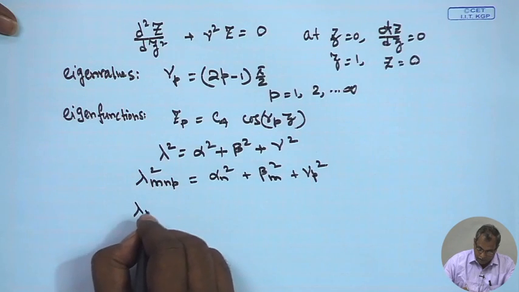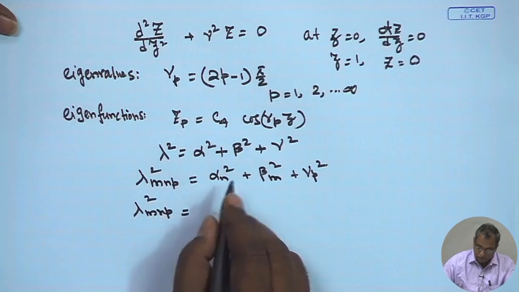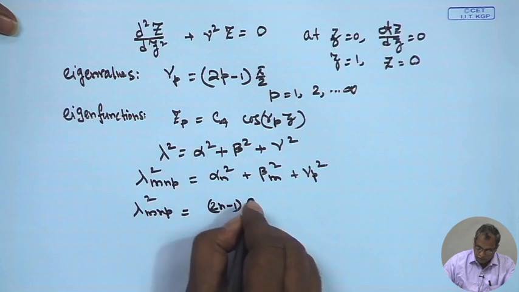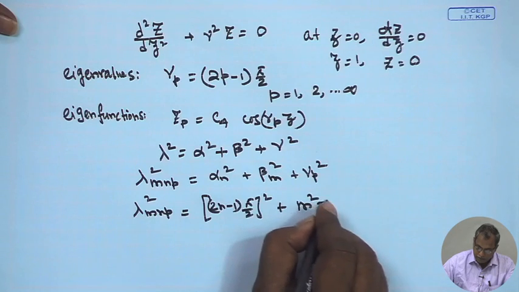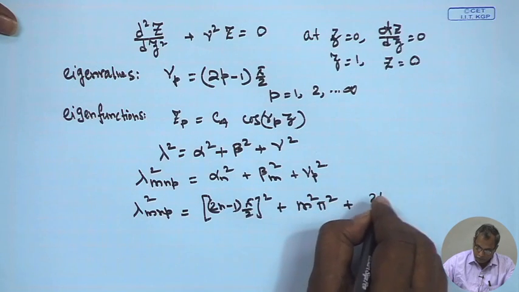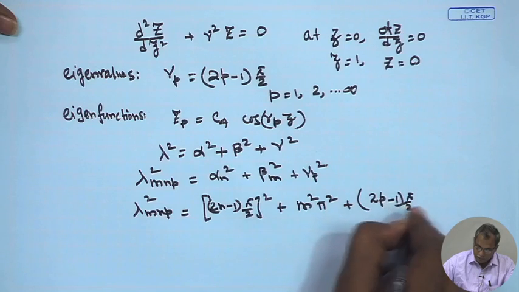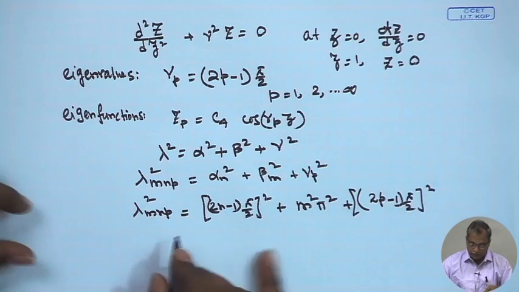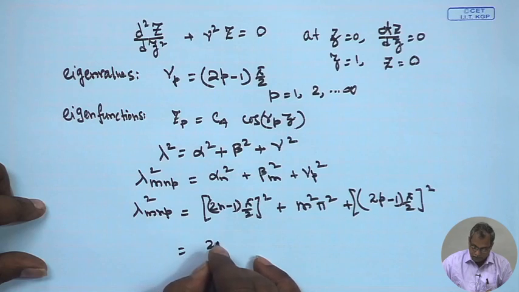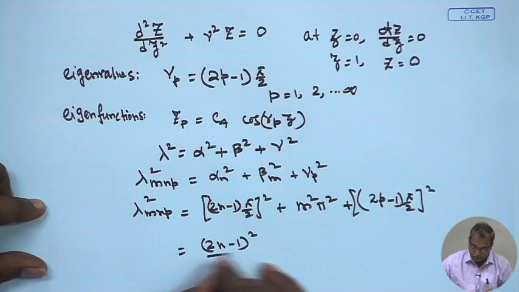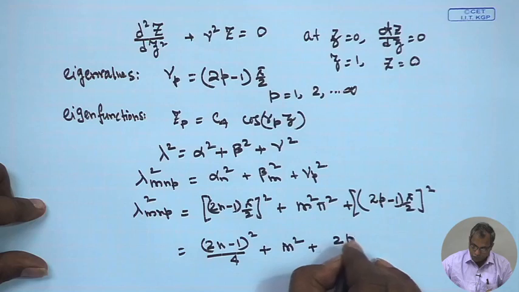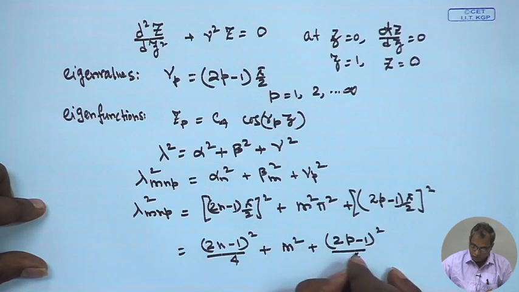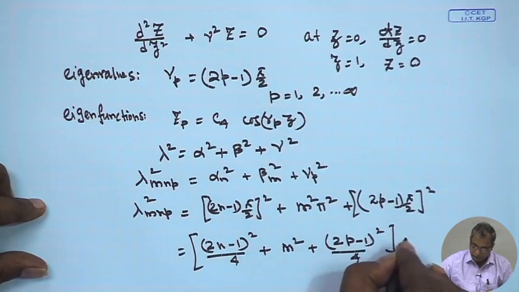Alpha n was 2n minus 1 pi by 2 squared, beta m is m pi, so m square pi square, and gamma p is 2p minus 1 pi by 2 squared. So, this will be 2n minus 1 squared by 4 plus m square plus 2p minus 1 squared by 4, whole thing multiplied by pi square.